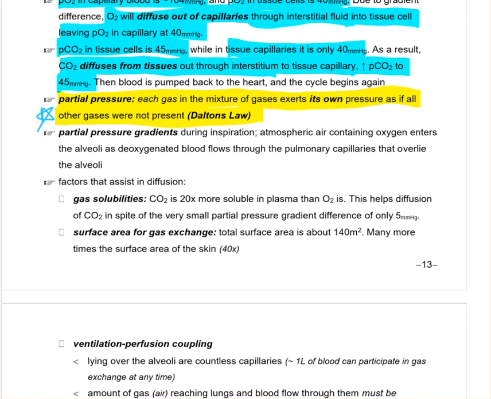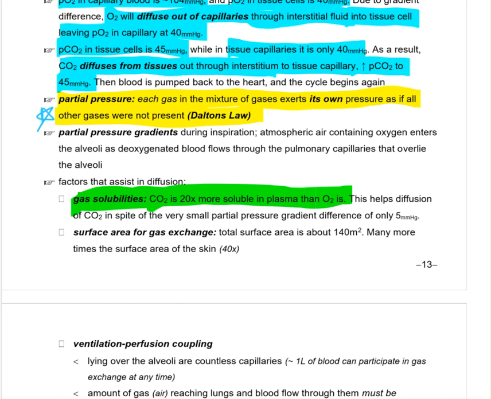what are a couple other things that help with the diffusion of these gases? So obviously the pressure gradient is one really important thing. When we're at high pressure, we move to low pressure if we can. There's two other things. One is gas solubilities. Carbon dioxide is 20 times more soluble in blood plasma than water is. This helps the diffusion of the carbon dioxide, even though the gradient is really small.